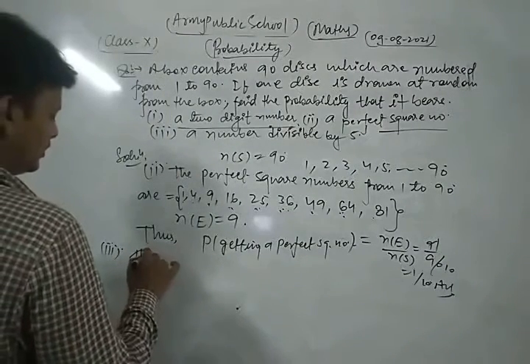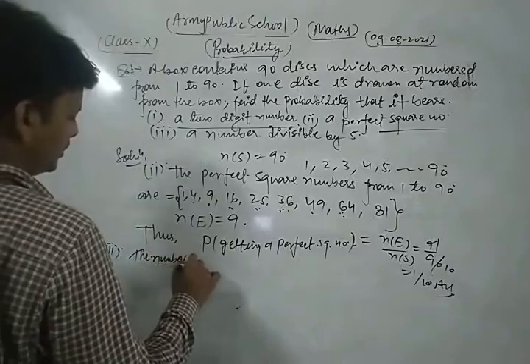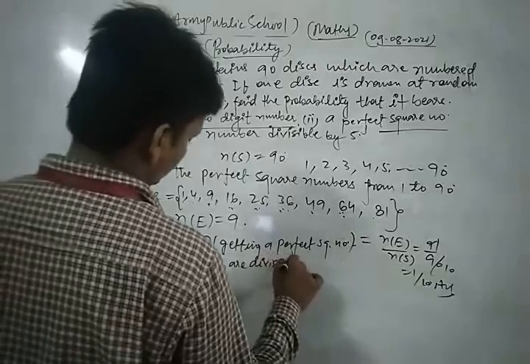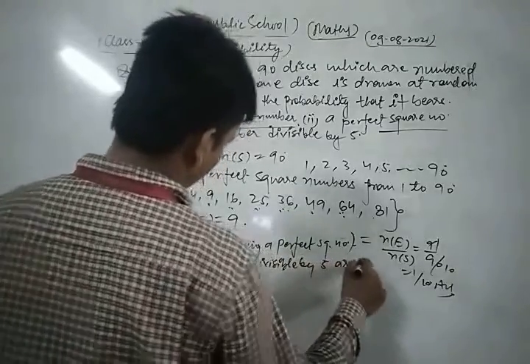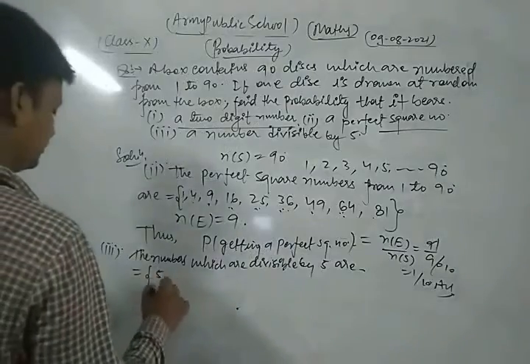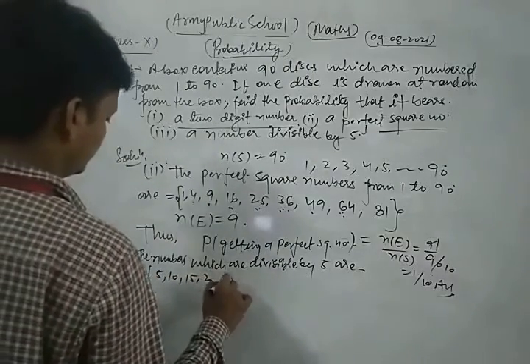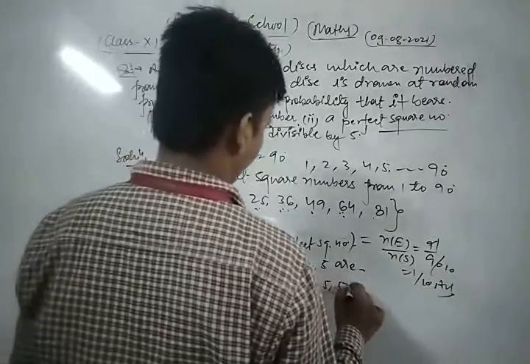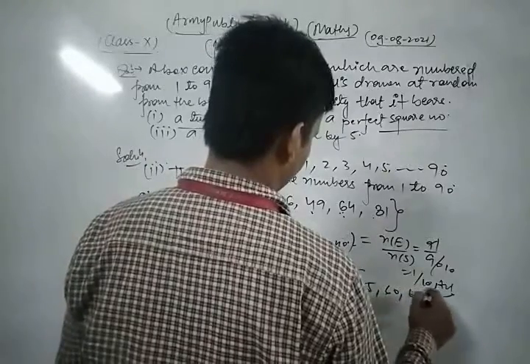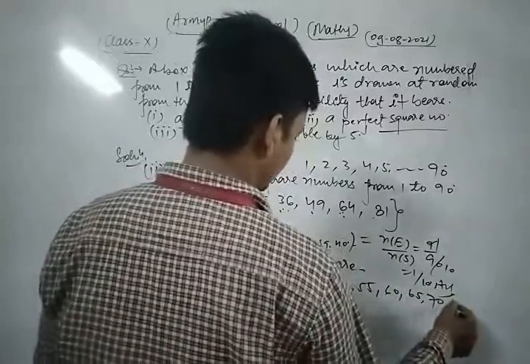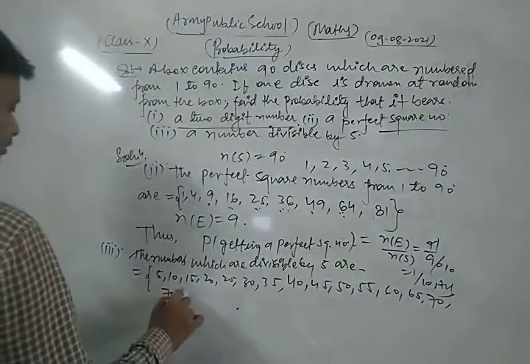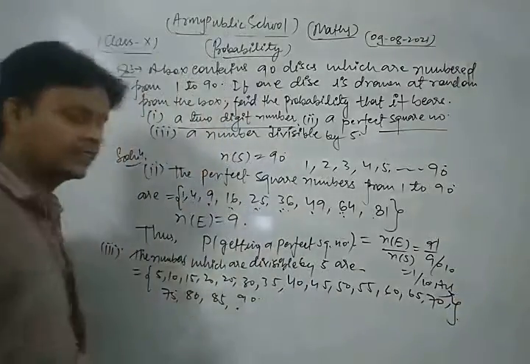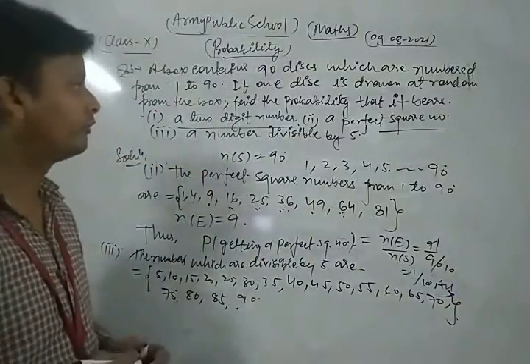The numbers which are divisible by 5 are 5, 10, 15, 20, 25, 30, 35, 40, 45, 50, 55, 60, 65, 70, 75, 80, 85 and 90. So these are the numbers which are multiples of 5, divisible by 5.